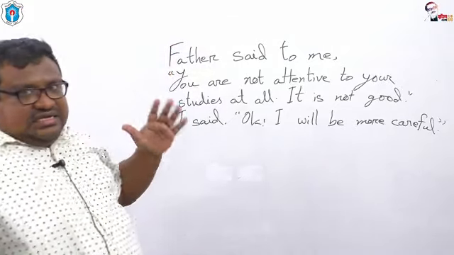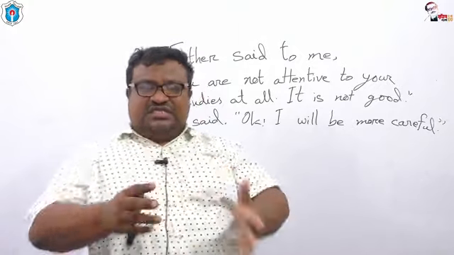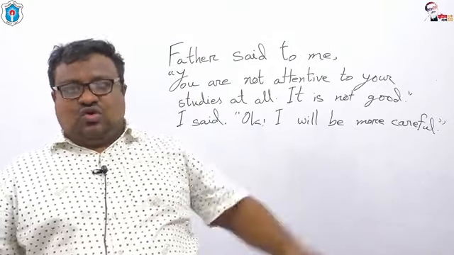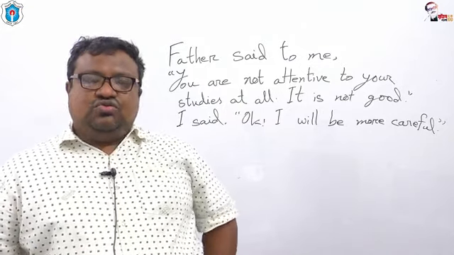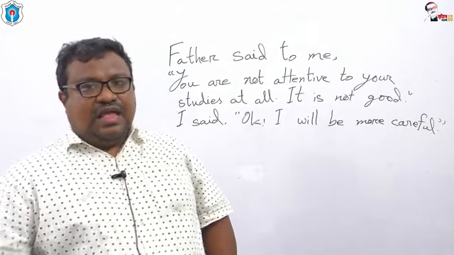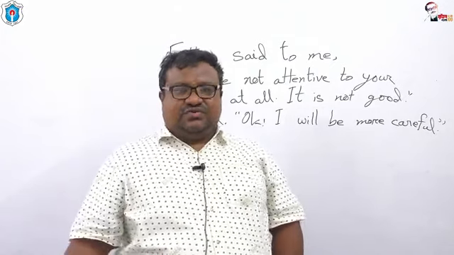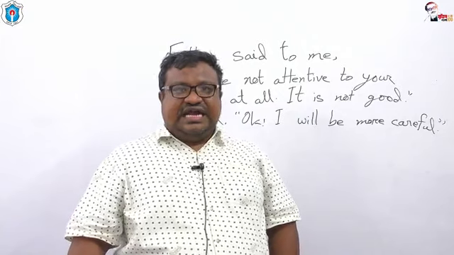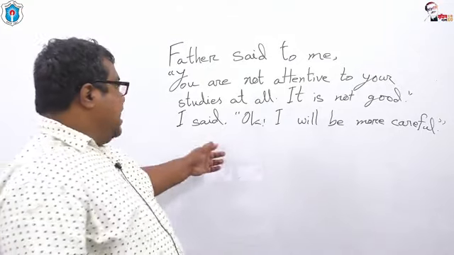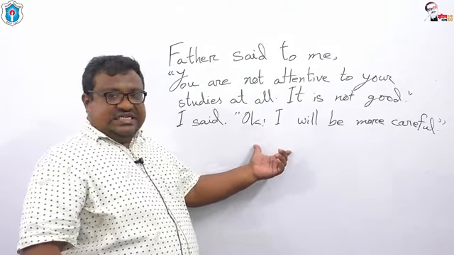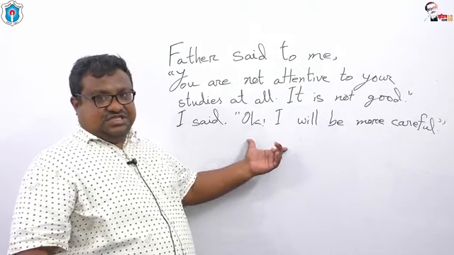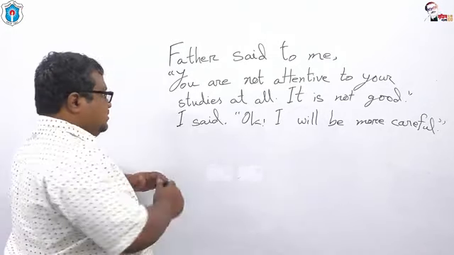The transformation of the passage narration is very closely linked to the rules of transformation of single sentence narrations. That is the reason we decided to teach you the single sentence narration first, and now we are watching how to transform the passage narration into an indirect one.